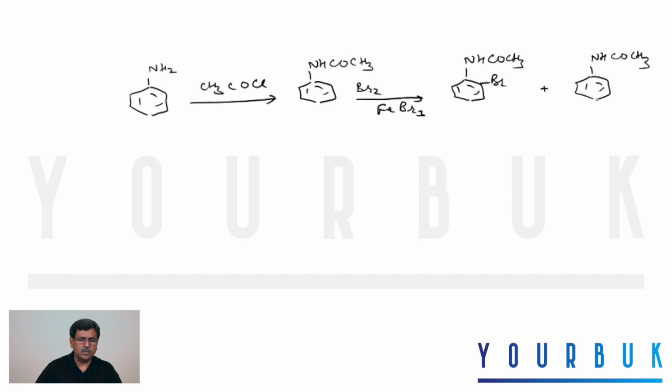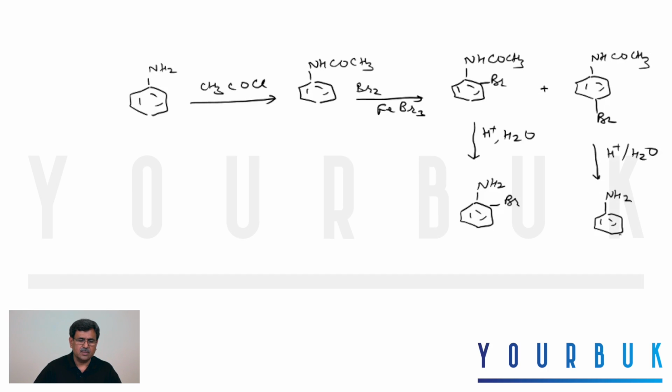So if you have to write only one product, you always write the para. Then we hydrolyze this using water. So it gives ortho-bromoaniline, and this gives para-bromoaniline. So this is the way we perform the monobromination. You have to slightly deactivate the benzene by acetylation before we perform the bromination.